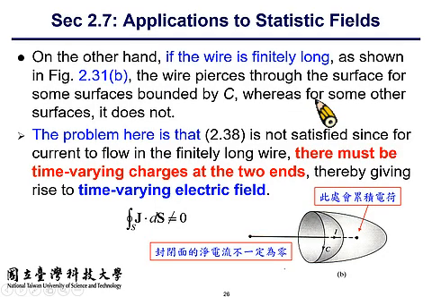Alright, so here are some further explanation for the bottom case. So we see that because the net current into this closed surface is non-zero, you will accumulate charges, and these time-varying charges will produce electrical field, time-varying electrical field. So it's not a static field case. It does not fall into the case of static field.